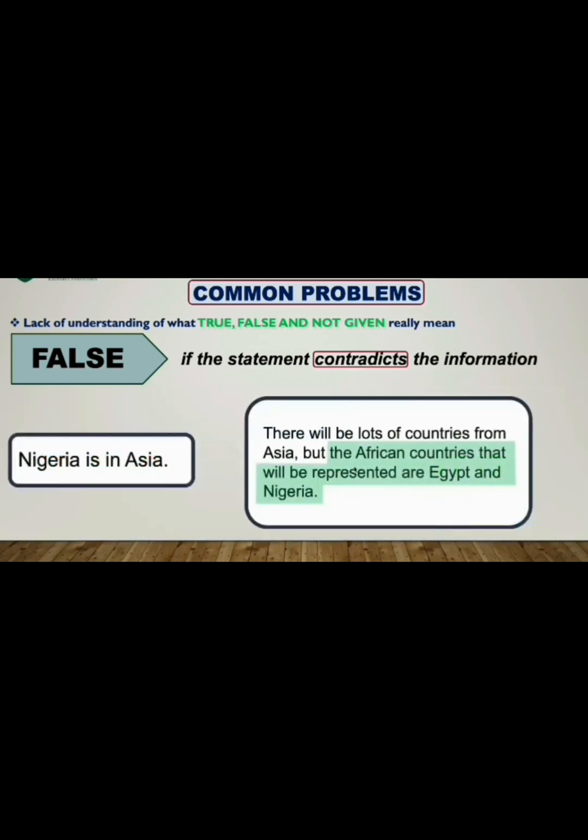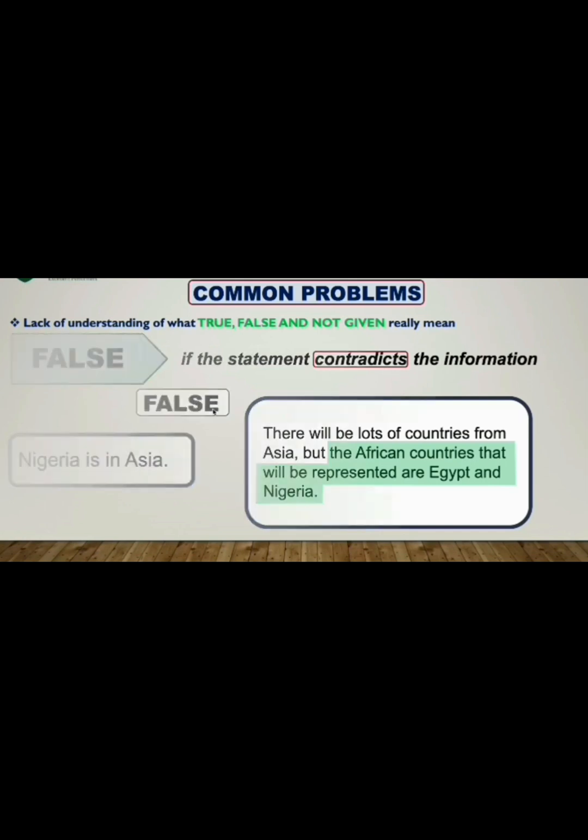So if we look at this very closely, it means that our answer is a false, because the information from the text affirms the incorrect statement of the question. So whenever you want to think about false, it means does the passage affirm the incorrect statement of the question? As we progress, this will become easier for you when we start answering practical questions shortly.